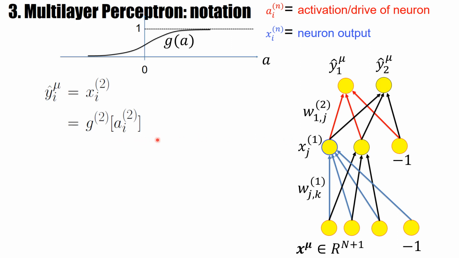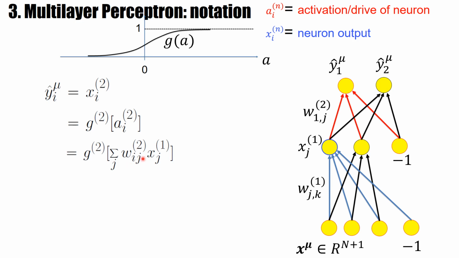Well, the activation of this neuron here in layer 2 is caused by the inputs from neurons in layer 1. So the outputs of neurons in layer 1 are the inputs for neurons in layer 2. So this drive, this activation, is the sum over all the neurons in the previous layer.